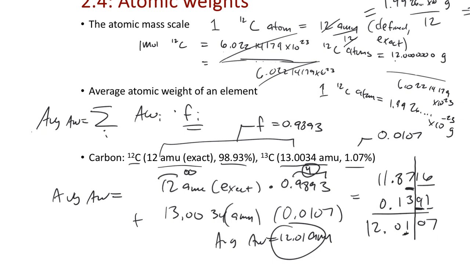If we were to think back about chlorine in the previous example, where we saw it was about 3 to 1, 35 to 37. Now, if you think the atomic weight is about 35 AMU for chlorine 35, it's about 37 AMU for chlorine 37. The average atomic weight of chlorine is probably about a quarter of the way between the two.